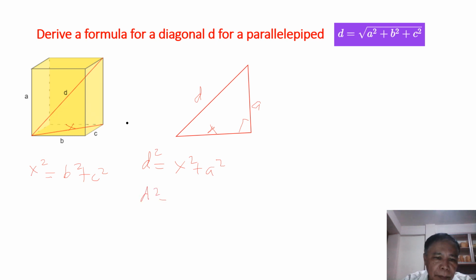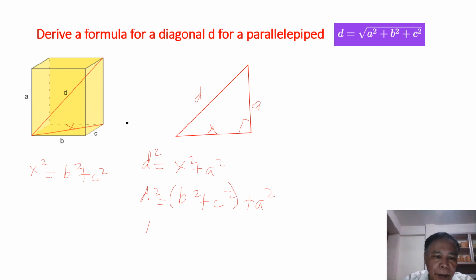You substitute the value of x squared, so b squared plus c squared, plus a squared.